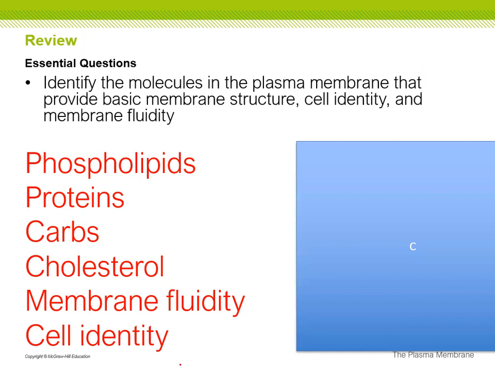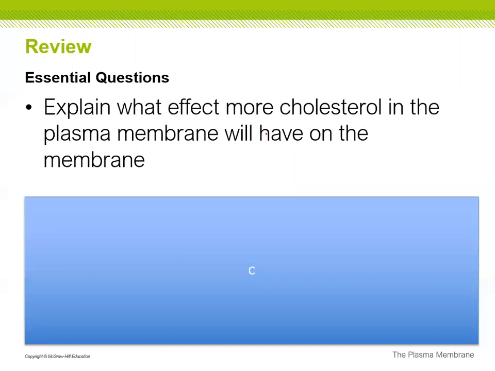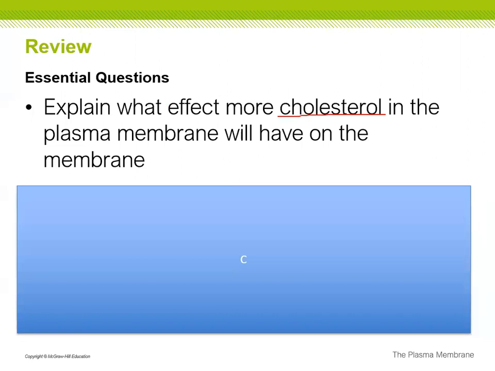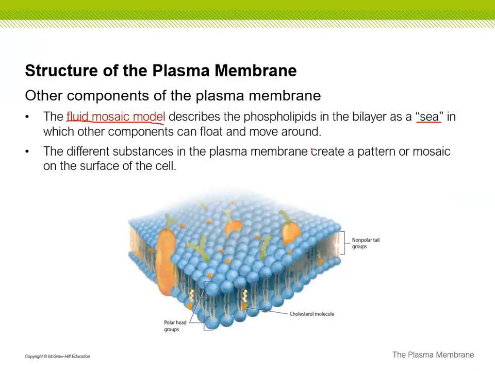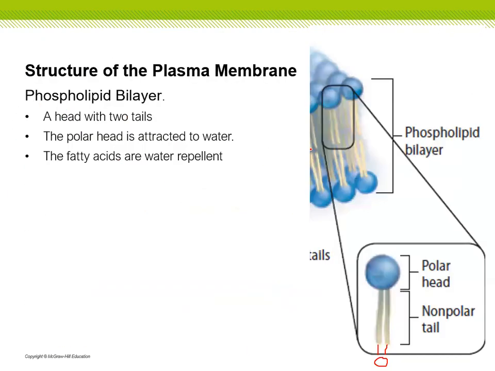Okay, and then final one. What if we add more cholesterol to our plasma membrane? What could that potentially do? Again, what happens if I add more cholesterol to this plasma membrane?